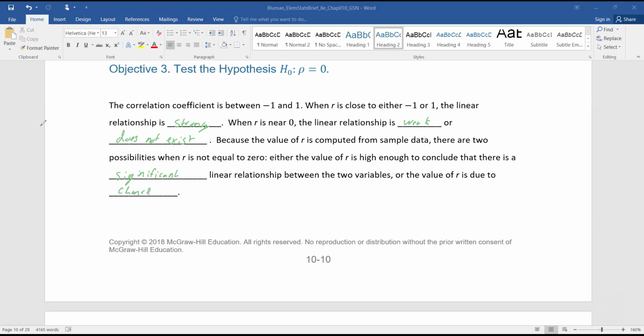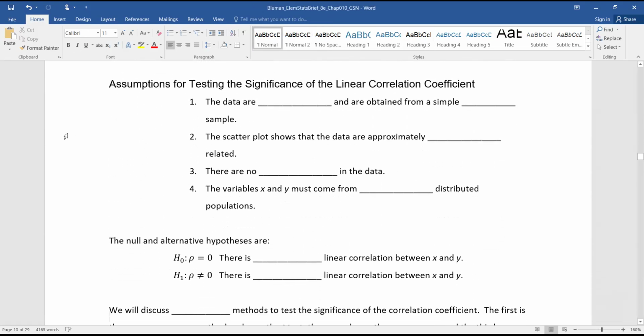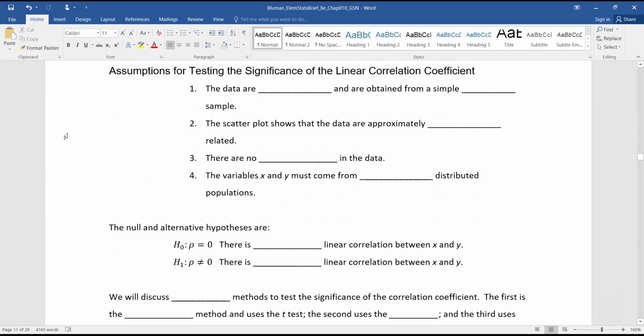All right. So the assumptions for testing the significance of the linear correlation coefficient are, again, the data are quantitative and are obtained from a simple random sample.